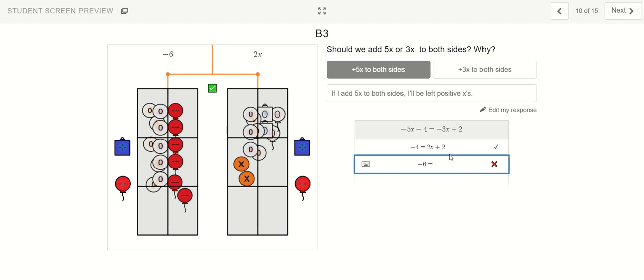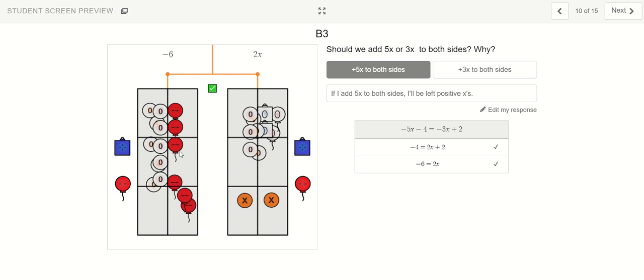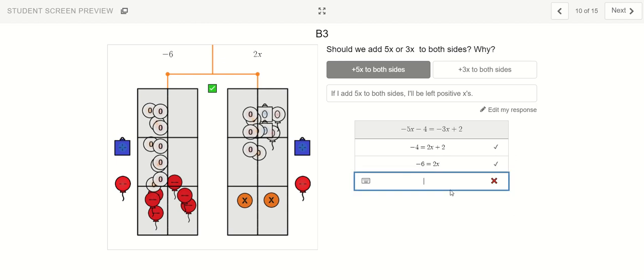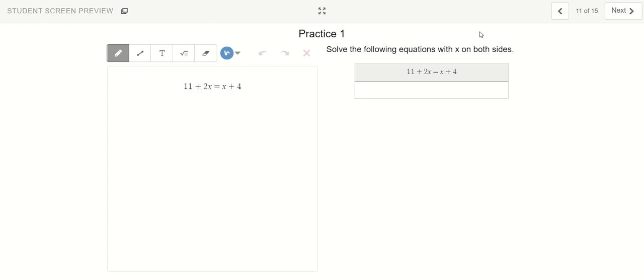Negative 6 equals 2x. And from here, I can divide these into 2 groups. 6 balloons divided into 2 sections. Each is going to have 3 balloons, or 3 negatives. Negative 3 equals x.